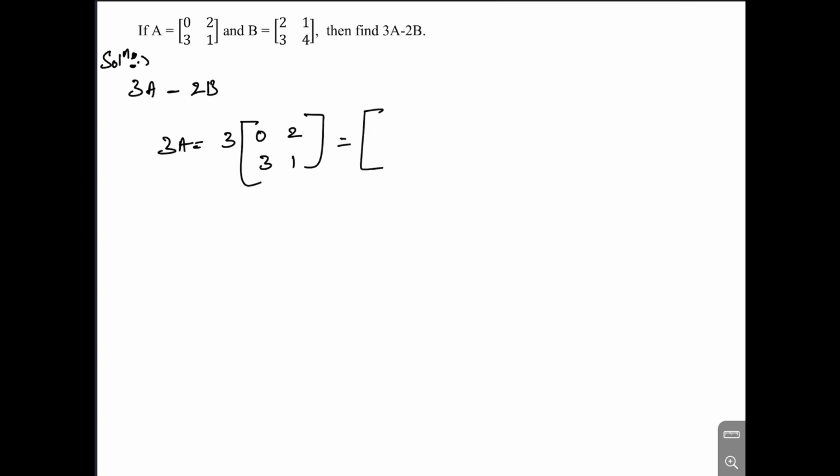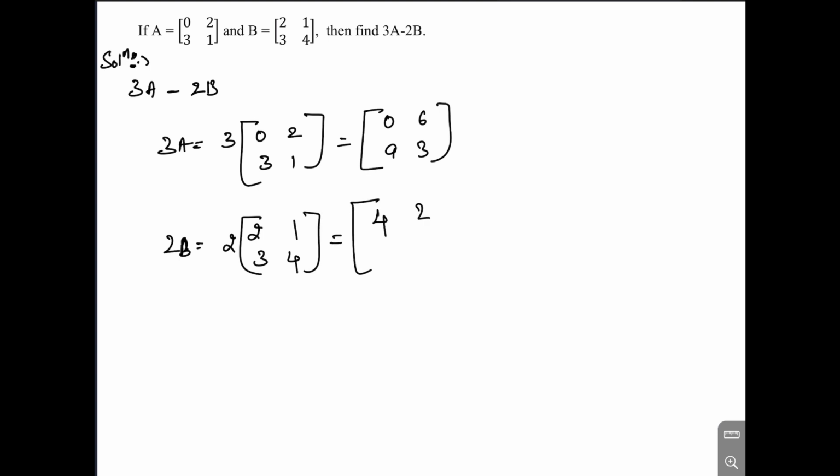So we will get 0 6 9 3. Similarly, 2B is 2 into matrix B, 2 1 3 4, which gives 4 2 6 8.